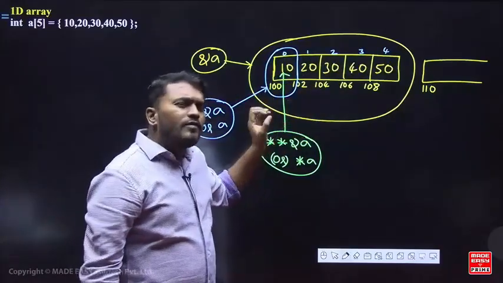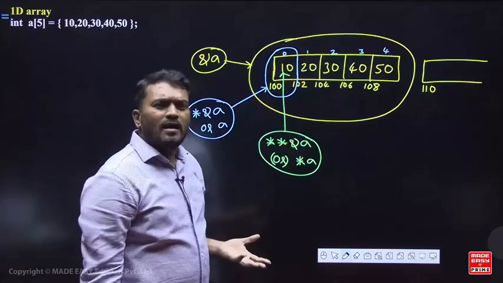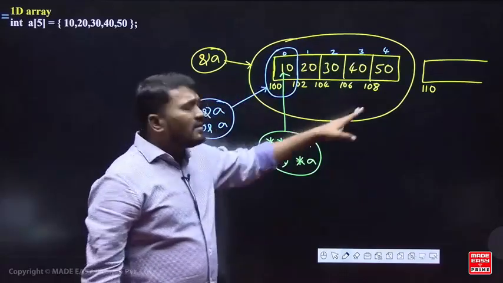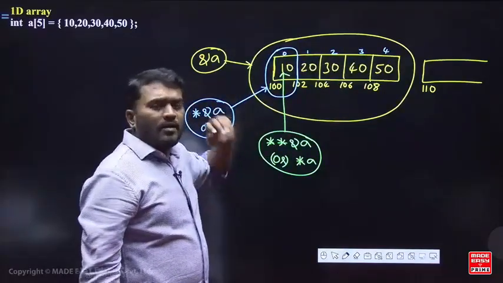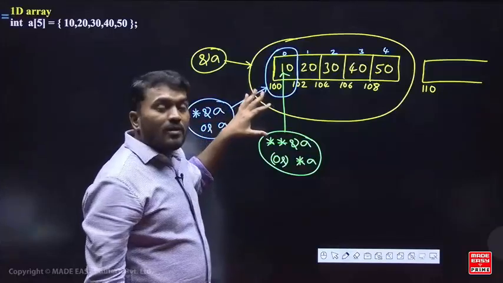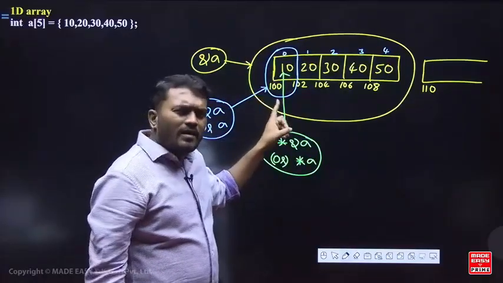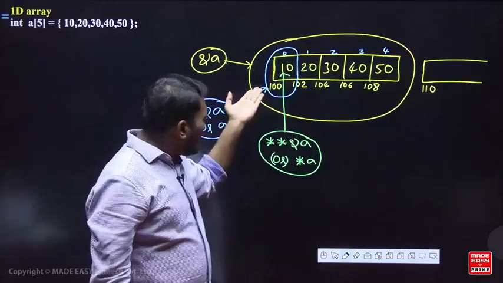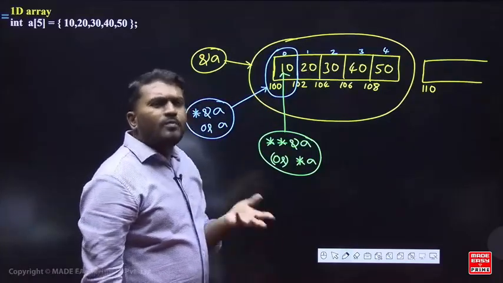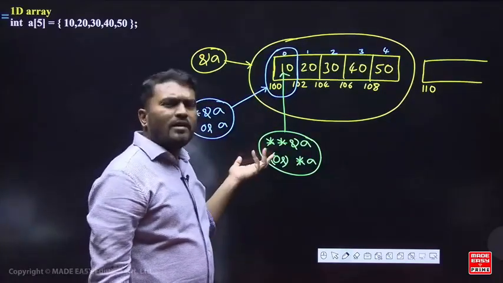That is fine. But if you print ampersand a, what will print? The base address of the entire one dimensional array. What is the base address? 100 only. If you print, it will print 100 only. Is that clear?